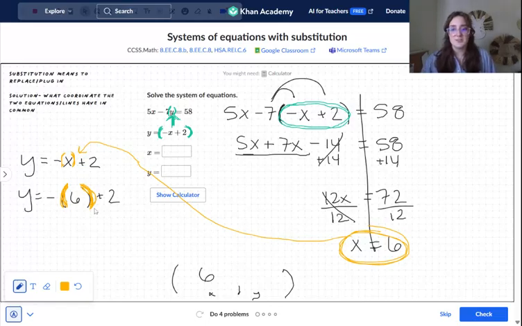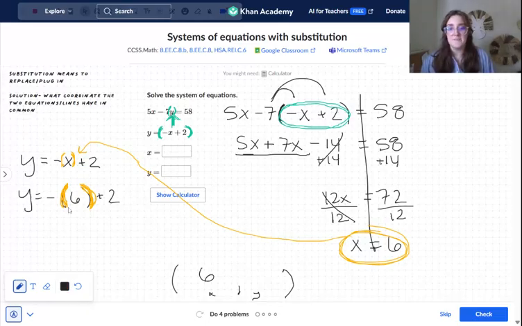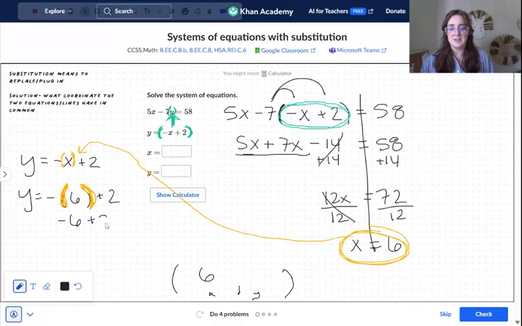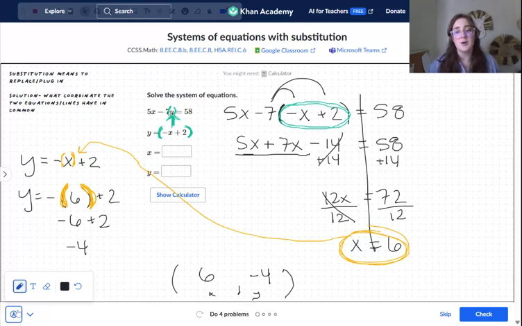Some of us don't want to do the extra steps, but this will save us in the future. Whenever we're plugging something in, always include those parentheses. We multiply. Negative 6 plus 2 is going to be negative 4. y equals negative 4.